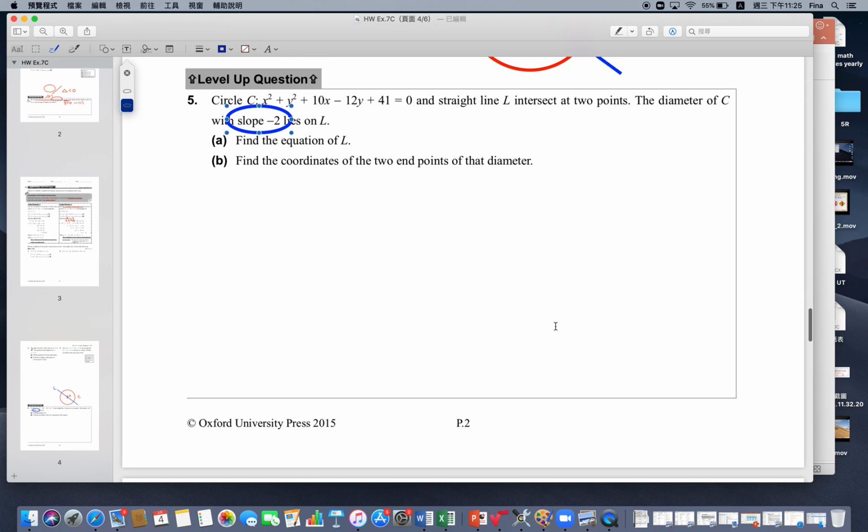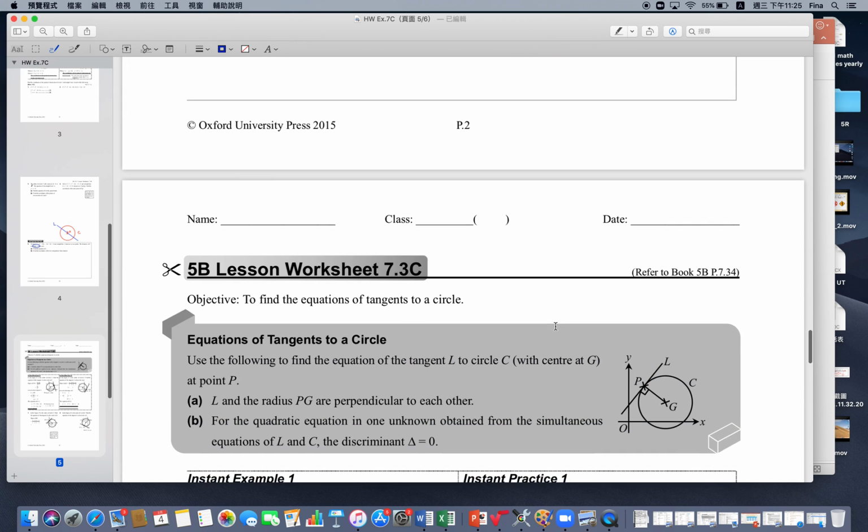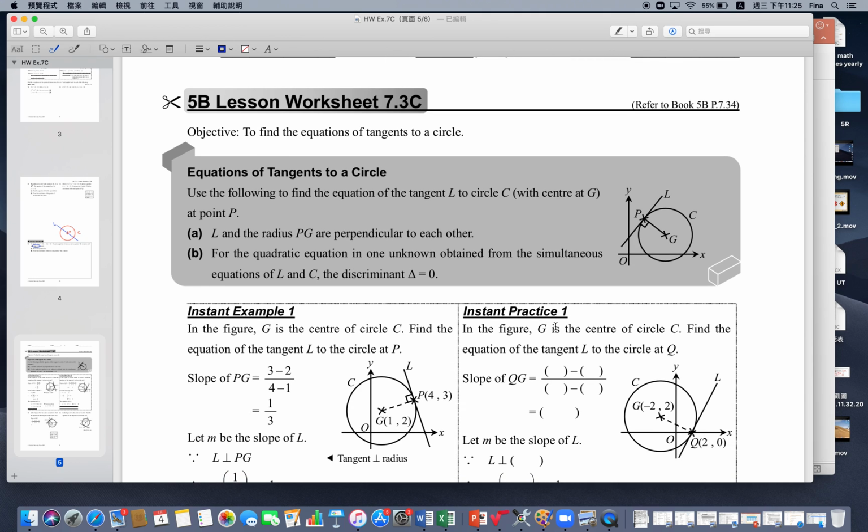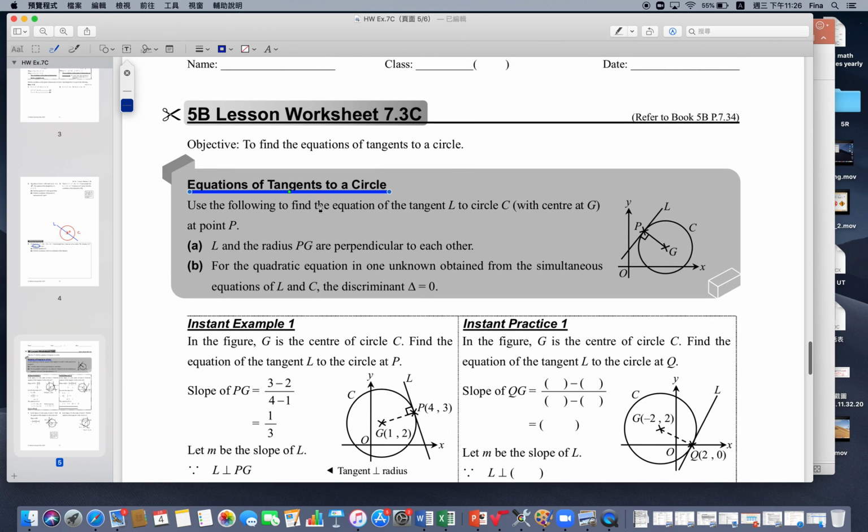And then the last part of this section is the most difficult part, because for this part you need to consider the equation of tangent. What is the meaning of the equation of tangent to a circle? Remember, tangent means the straight line cuts the circle at only one point.